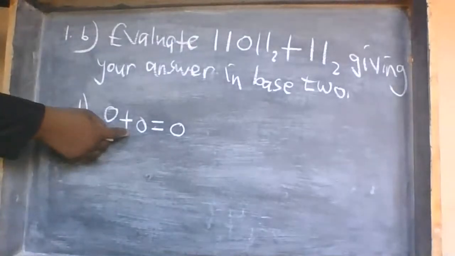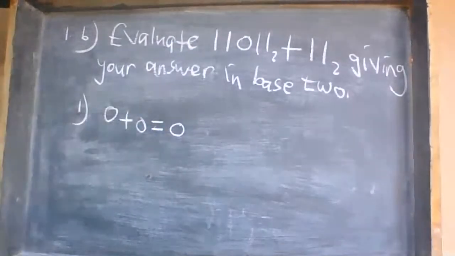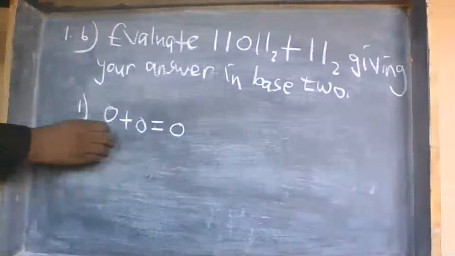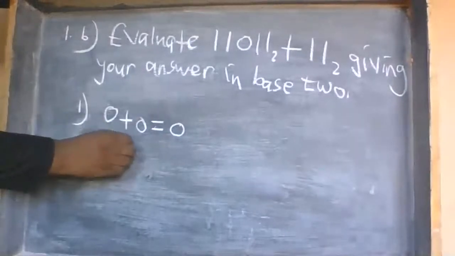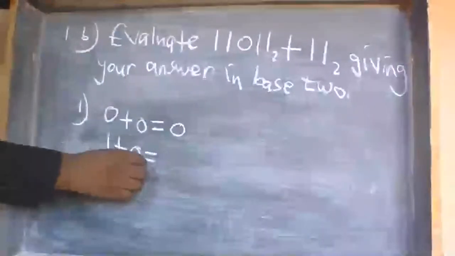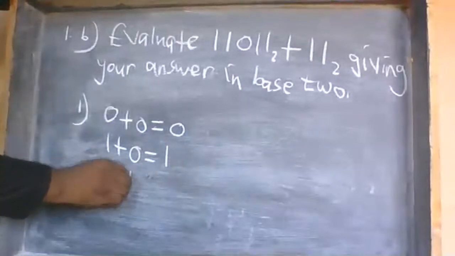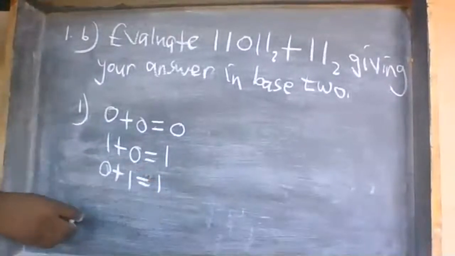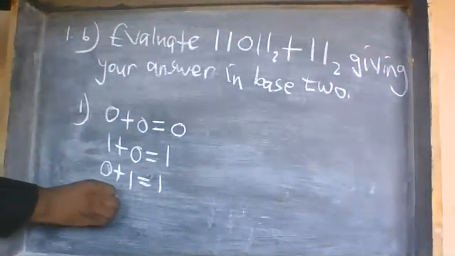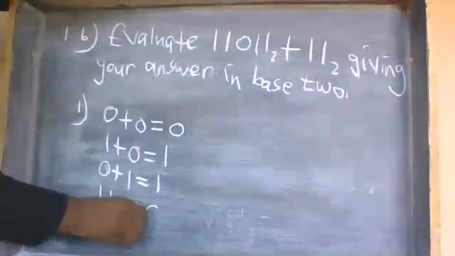When you say 0 plus 0, it should give you 0. When you say 1 plus 0, it should give you 1. 0 plus 1 should give you 1. Then when you say 1 plus 1, it should give you 0.